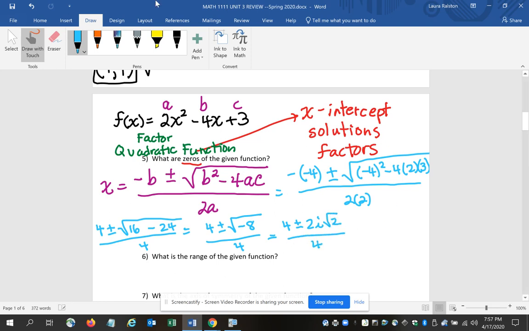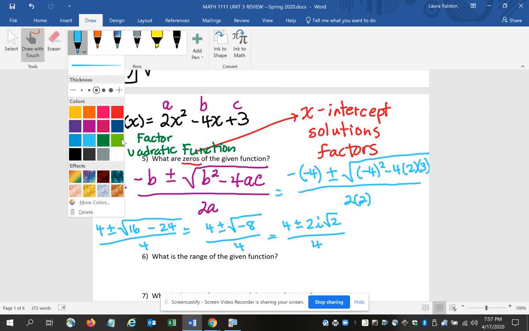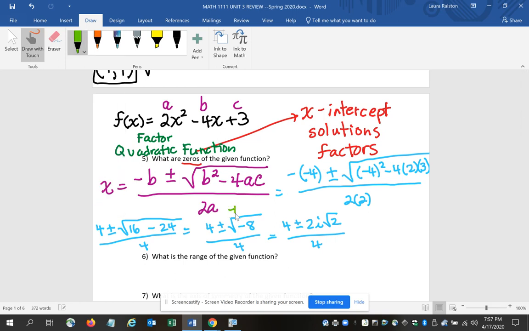Now let me back up for a minute to show you where that came from, because some of you are probably freaking out. Negative 8, you'd have the negative 1, which automatically makes the i, times 4 times 2. 4 is a perfect square, hence the 2 that's outside, and then the other 2 remains in the radical.